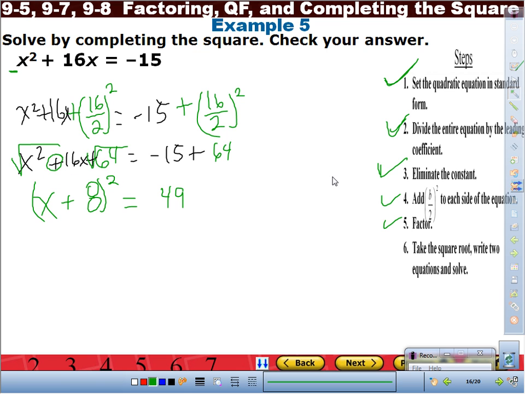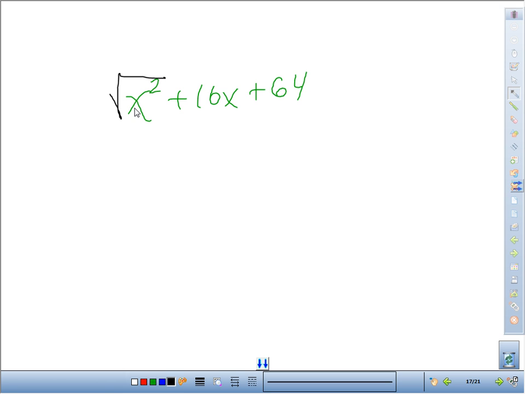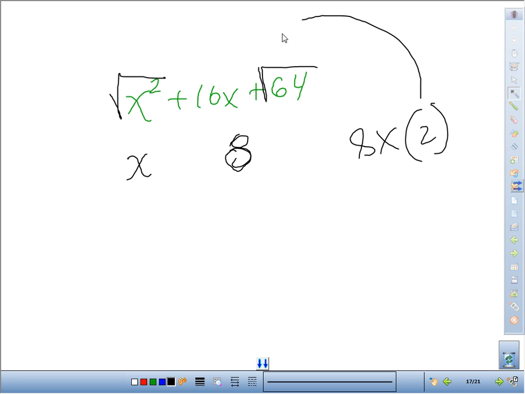Because if we look at it, we have x squared plus 16x plus 64. Once we have a perfect square, all we need to know is the pattern. The pattern is that we get the square root of the first, the square root of the last, and if we multiply these, what do we get? 8x, and if we double that, it should give us the middle term.